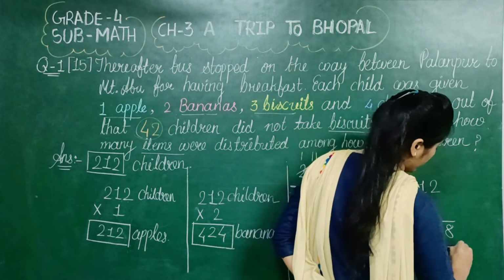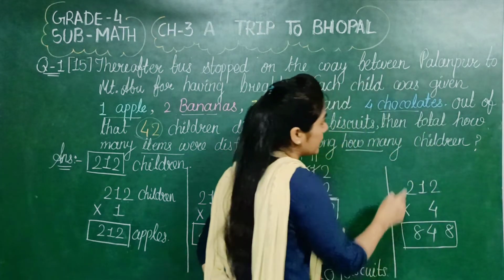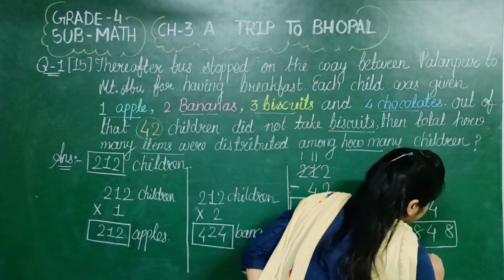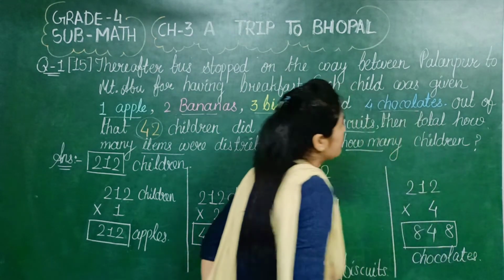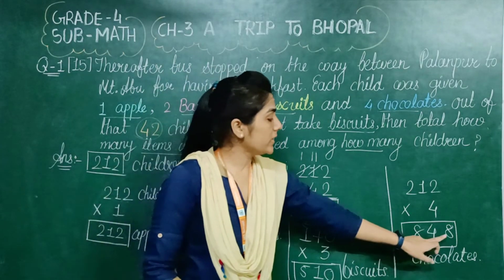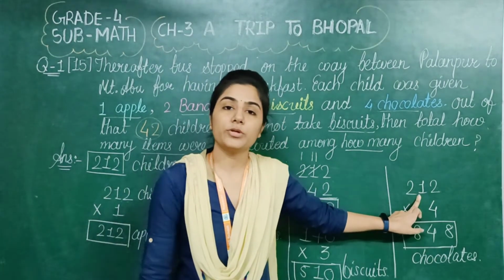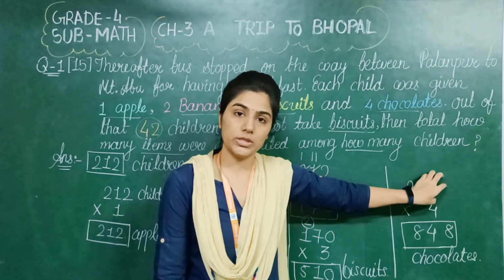So 848 is the number of chocolates. That means 848 chocolates were distributed among these 212 children.